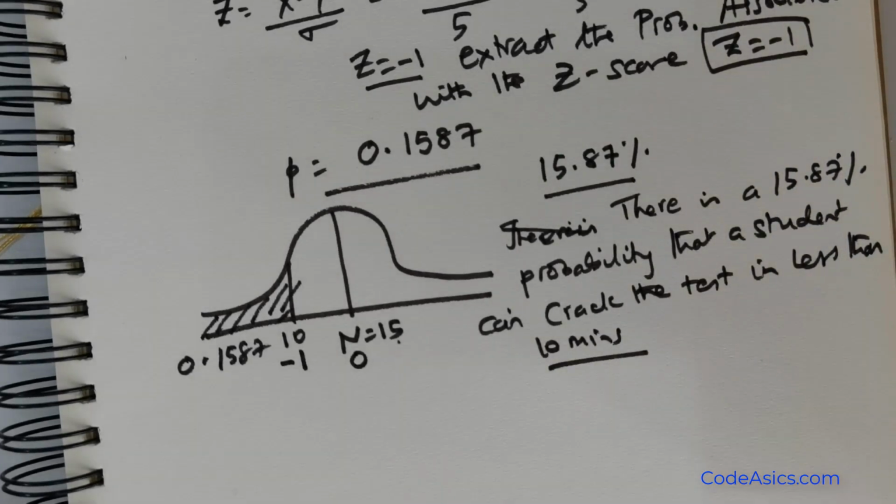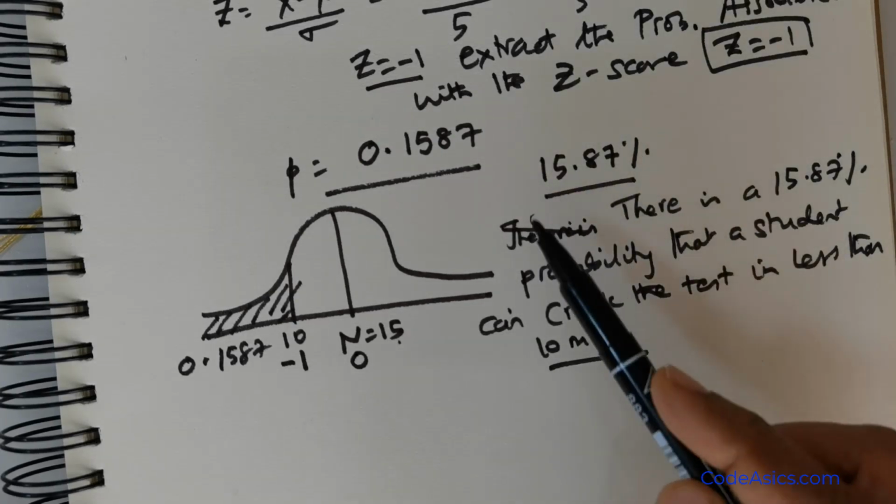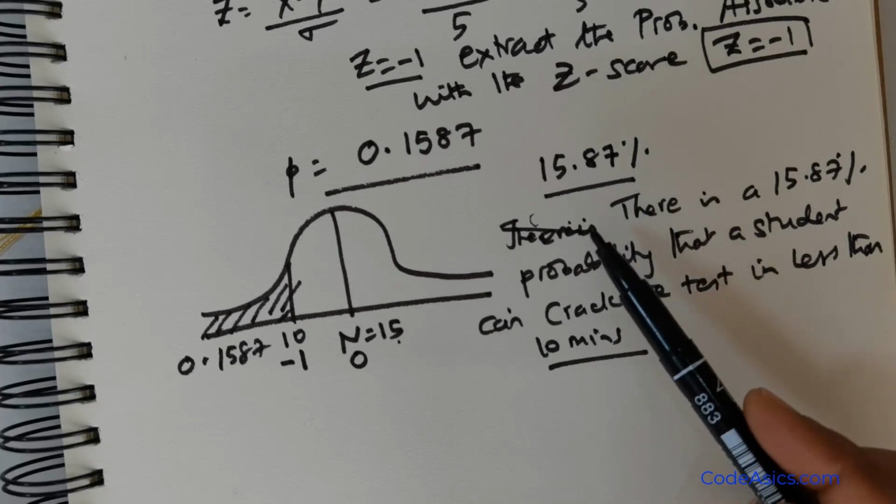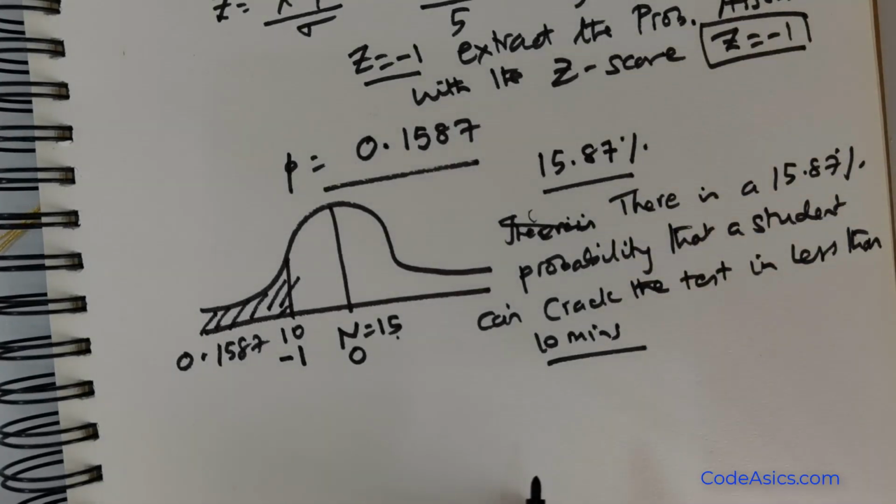If you are attempting to make an investment in a share and you are given the likelihood that you will be able to make a profit, and the percentage that is favoring you is 15.87, then what is the likelihood of you making that investment? So you can make the decision from here itself, right?